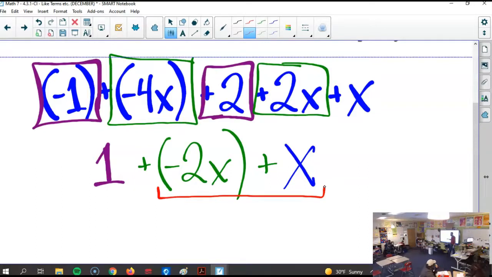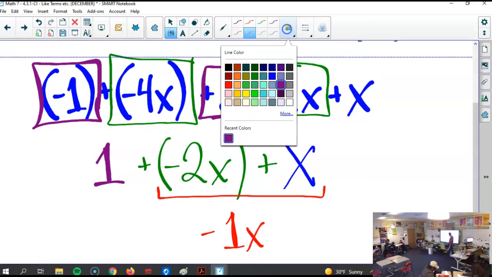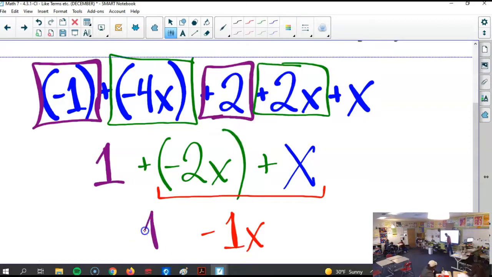They're not like, right? That's a 1 tile, little man. And these are x tiles. So, -2x plus x, -1x. 1 plus a -1x. Does that make sense?